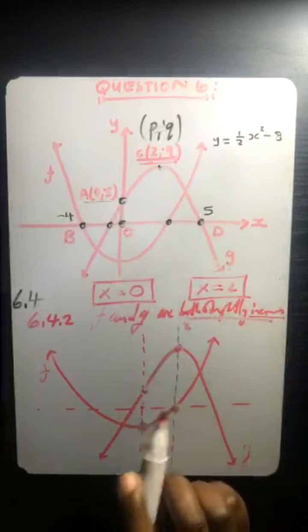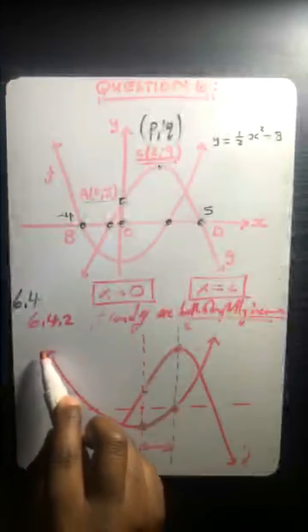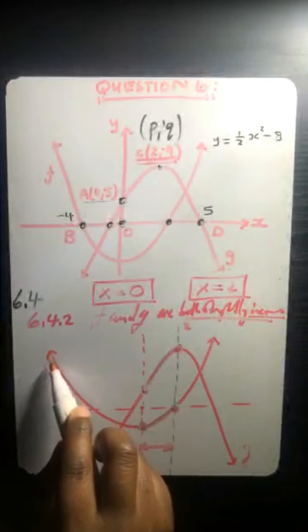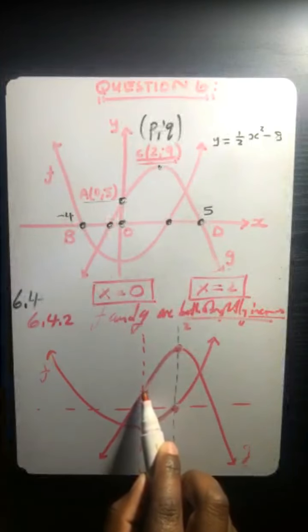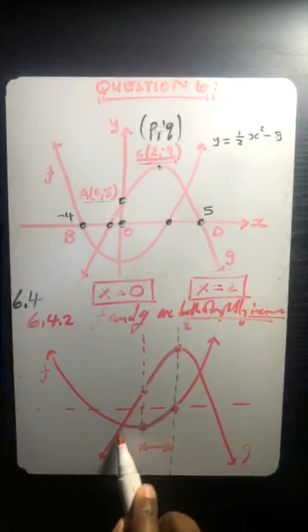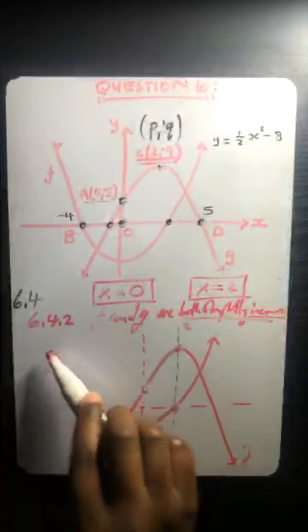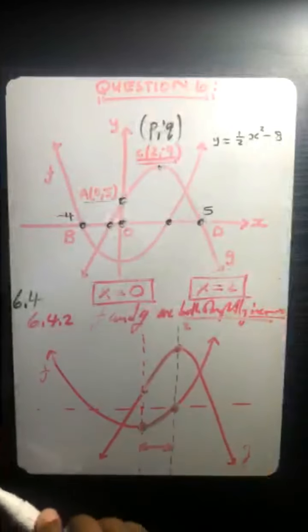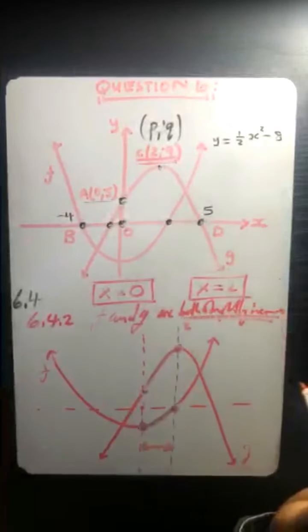On this side, you will realize that f is decreasing, and then this one is also decreasing. So it doesn't matter whether you interpret it as from there to there increasing, then decreasing. But what matters the most is that they are only asking when both are increasing.